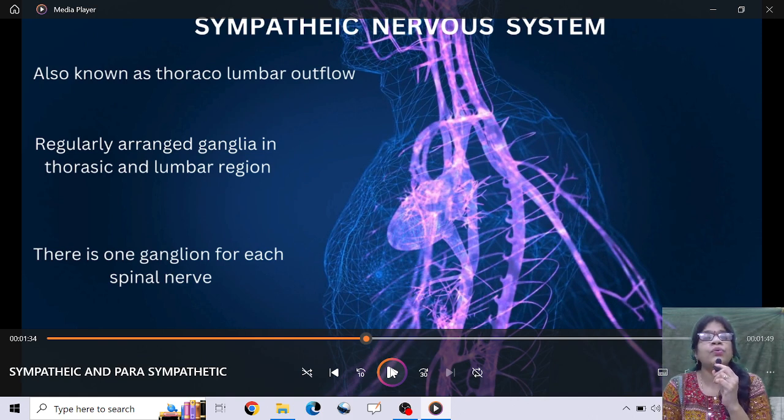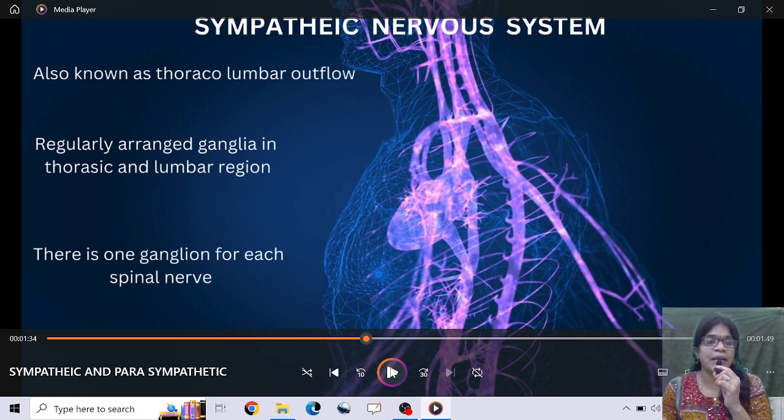Okay. So what happens is, you have the nerves that are moving around your spinal cord or vertebral column, from which you have your preganglionic neurons coming out, right? All the preganglions would enter into the ganglion. Okay. And this ganglion is a set of neurons which receive all the impulses through synapses.